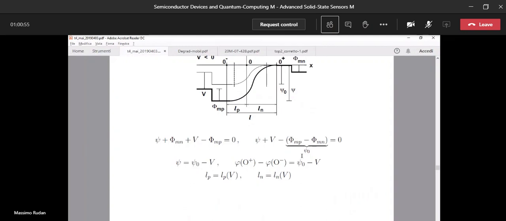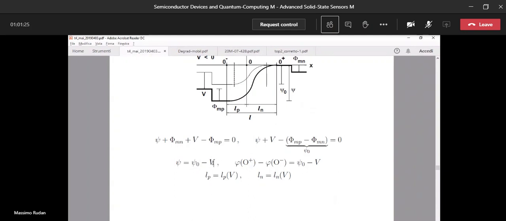And then you remember that this difference is equal to psi 0. Okay, so this relation can be written in a shorter form, telling you that the actual drop over the space charge region is equal to the equilibrium value psi 0 minus the applied voltage.